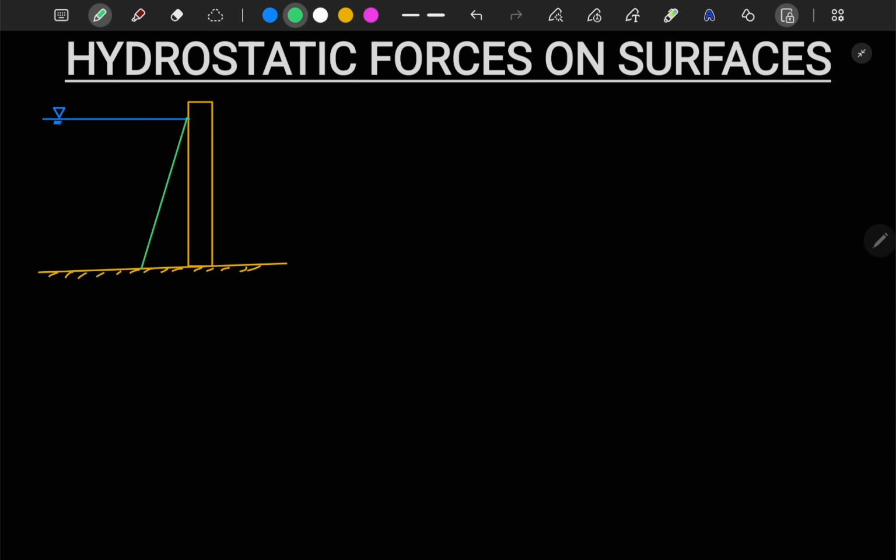At the free surface P is equal to 0, then the pressure increases with depth, and the final pressure at the bottom is P equal to rho g h, where h is the height of the free surface from the base.